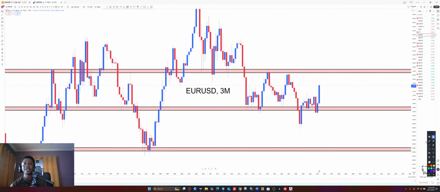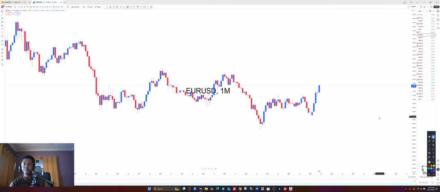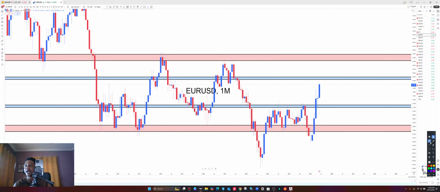So EUR USD, let's switch again to a monthly time frame to continue with the flow. All right, so this is EUR USD on the monthly time frame. What does the monthly tell us? On the monthly, we have the monthly upper zone and then the monthly lower zone. Price has been able to break above the strong resistance level or equal highs over here to the upside of the monthly, going to give us a higher high.